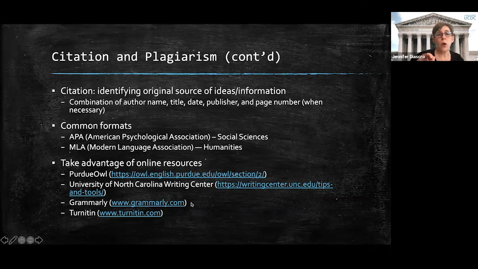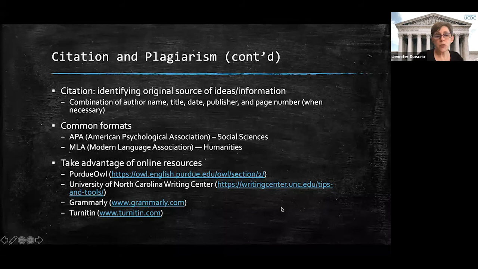Grammarly lets you throw in text and will do a search on similarity to tell you whether it thinks that you have borrowed words or not. And then that will alert you to whether you need to cite properly or whether you've put something in quotation marks properly. And then Turnitin is a software program that we actually use at UCDC. Not all professors do, but some of us do, to help teach you how to recognize and how to learn how not to plagiarize.